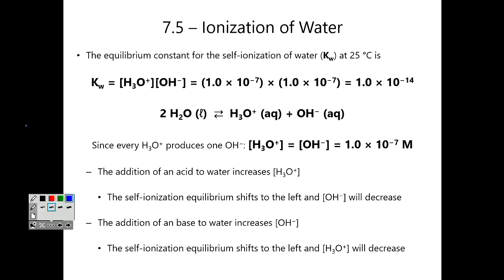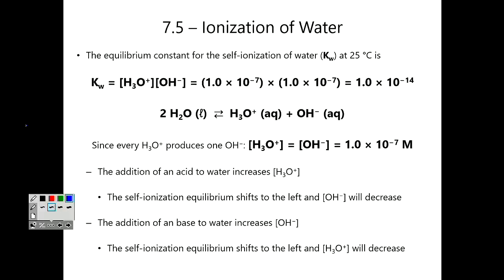Now, if we go back to this reaction, which is right here, you'll notice that water is in the liquid state. So we can define an equilibrium constant for this process, which is defined by the product of hydronium times hydroxide, molar concentrations. We do not include the water because it's a pure liquid. So we define Kw as the product of the concentrations of hydronium times hydroxide. In pure water, this is 1 times 10 to the minus 7. This is also 1 times 10 to the minus 7.